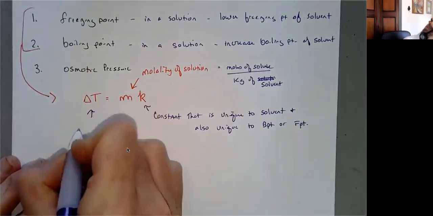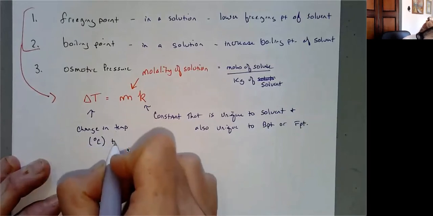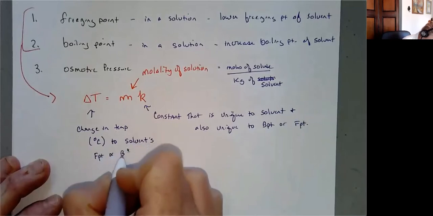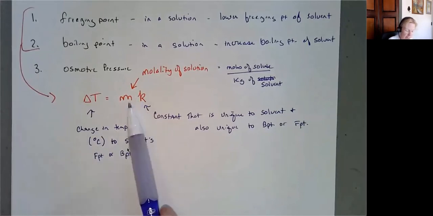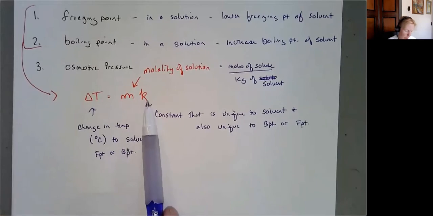The change in temperature is in units of degrees Celsius, relative to the solvent's freezing point or boiling point. So I'm changing the solvent's freezing point or boiling point by adding in my solute. I keep track of how much solute is there by looking at the molality of the solution, and then this is going to be a constant.